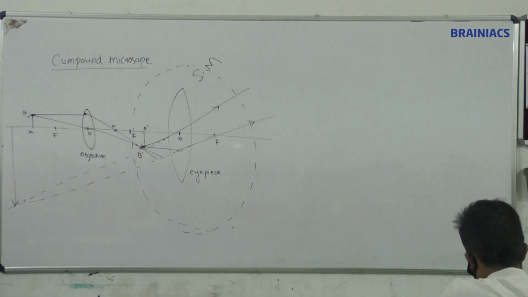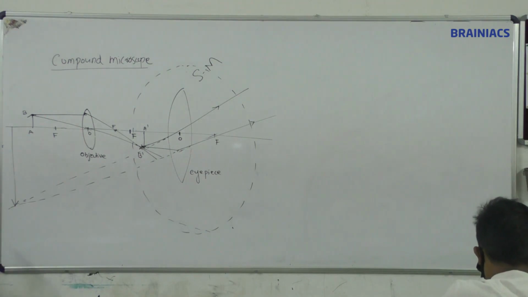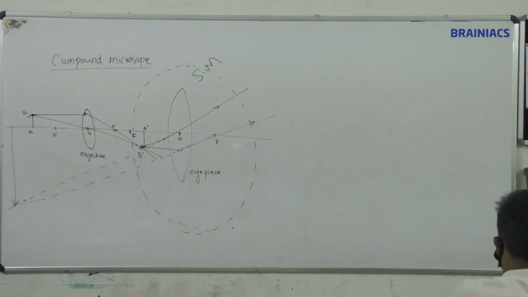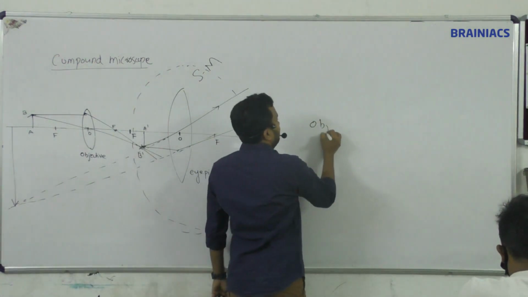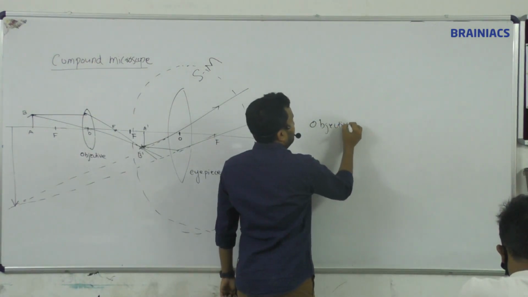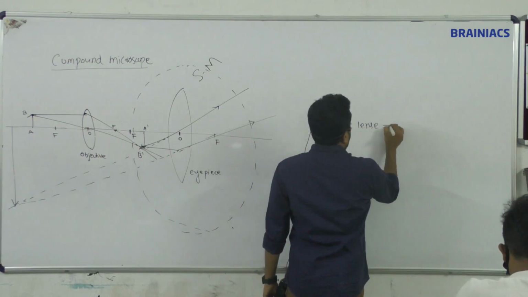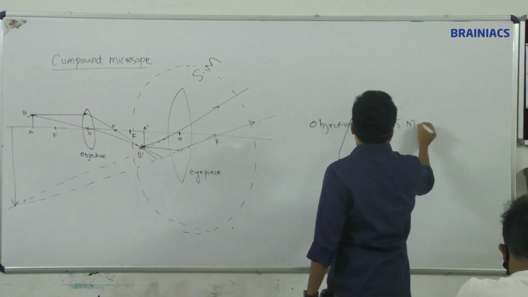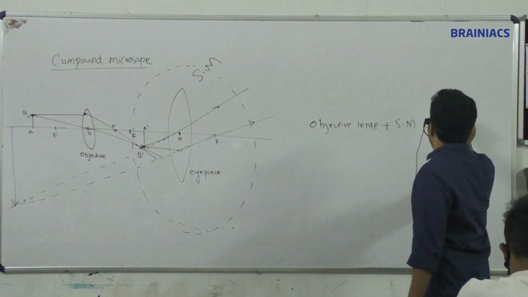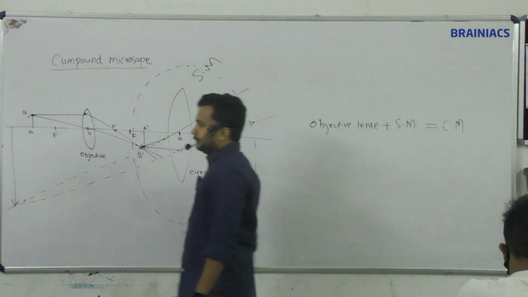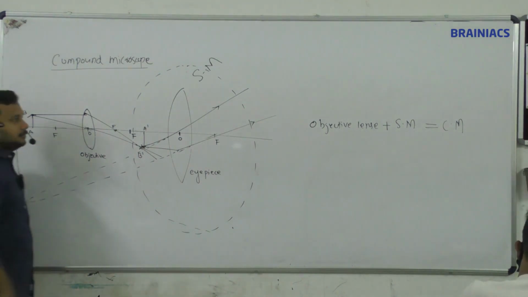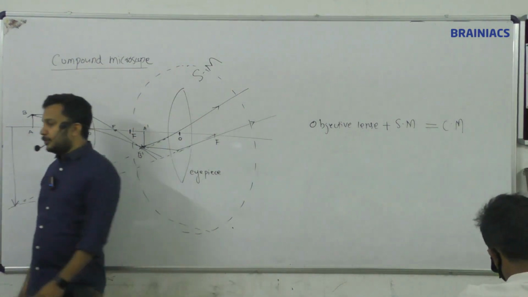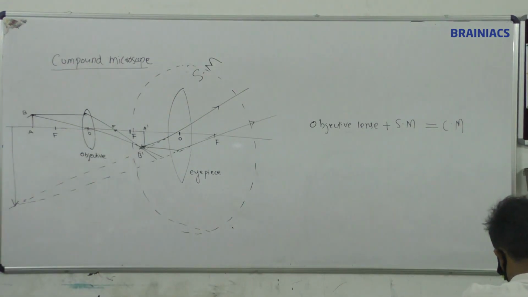And I can say an objective lens with a simple microscope is equal to a compound microscope. So we will write here an additional point: objective lens plus simple microscope is equal to compound microscope.